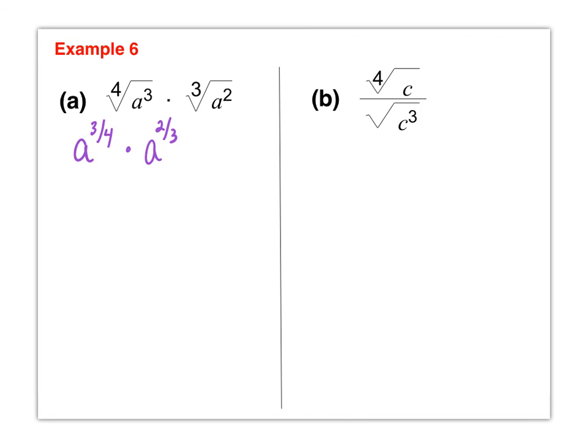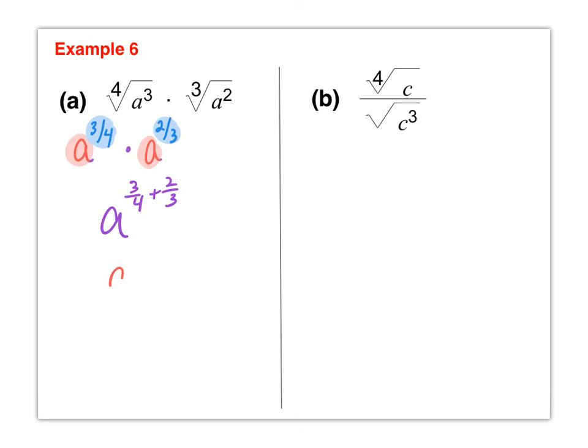Now notice that the bases are the same. Both have a base of a, and multiplying using the product rule means we're going to add those exponents together. So our result here is going to be a raised to the 3/4 plus 2/3 power.